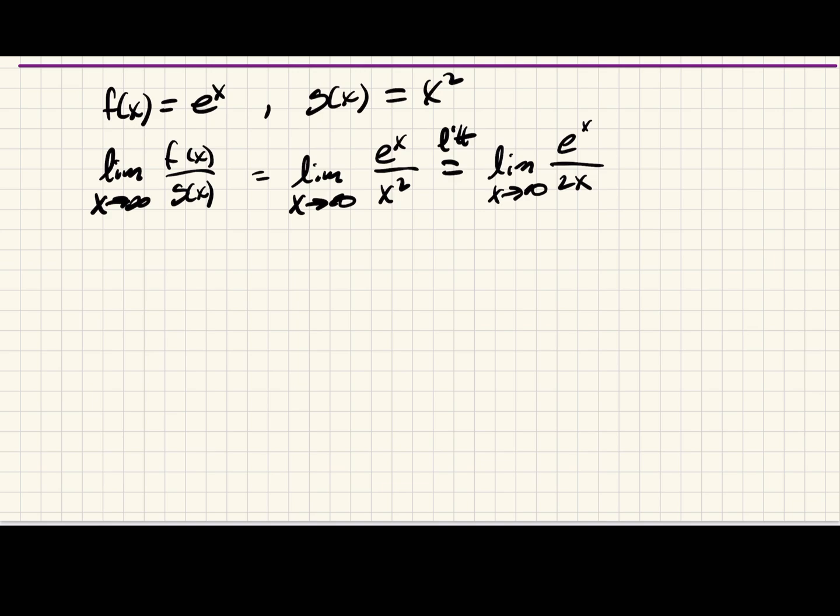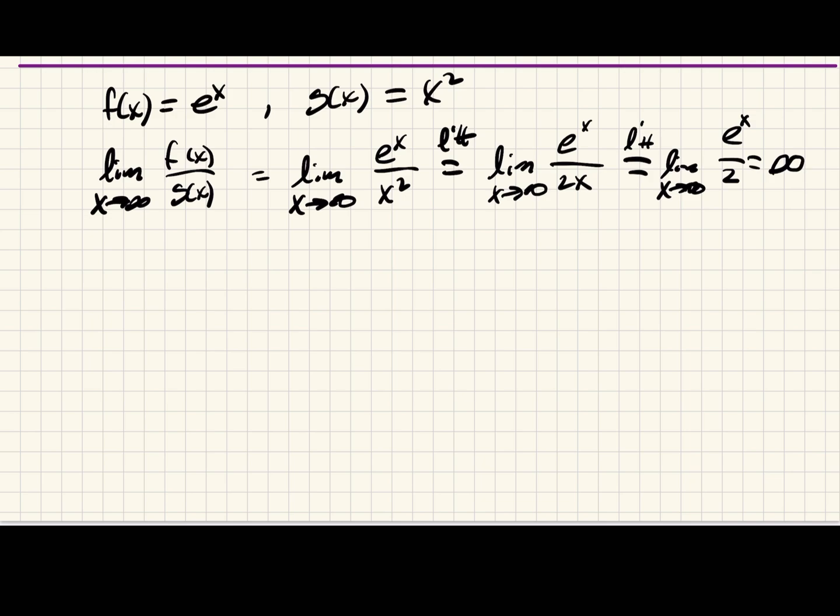Still indeterminate. But L'Hopital's rule doesn't say you can only do this once. It says any time that we have an indeterminate limit, infinite limit, then we can apply the rule. So here we go. This will be e to the x over 2, which is infinity.